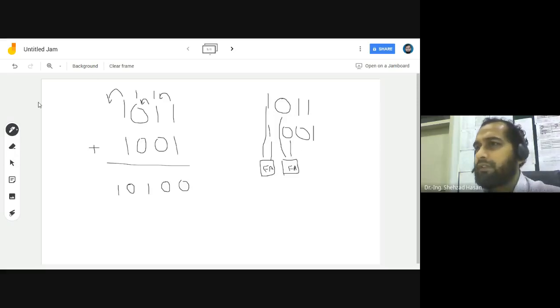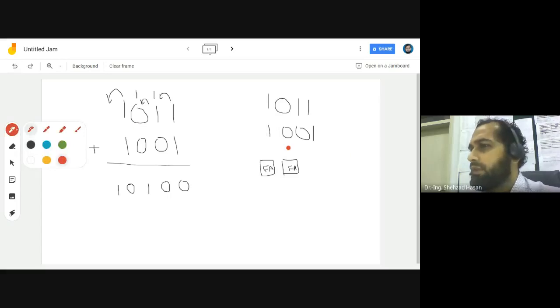I'll just draw it with a different marker here. These are the two inputs that they are getting, so everyone is getting two inputs.